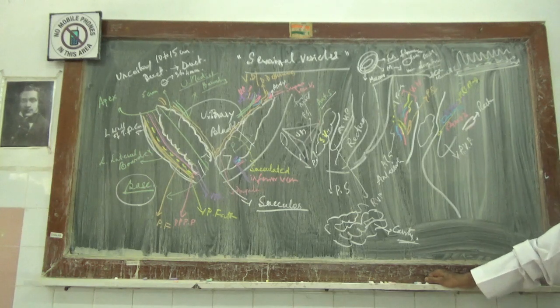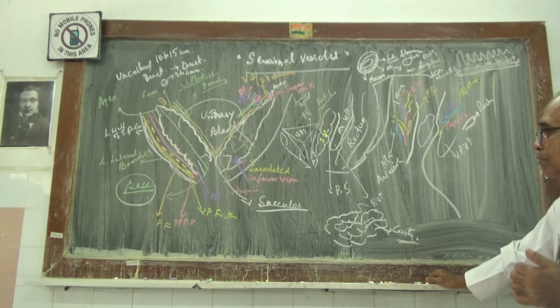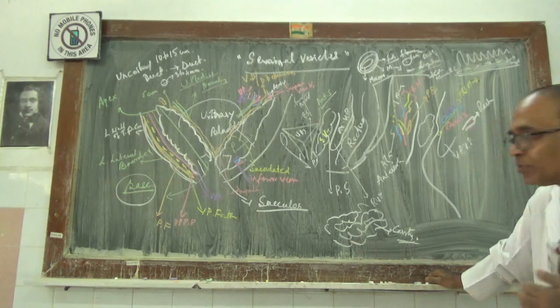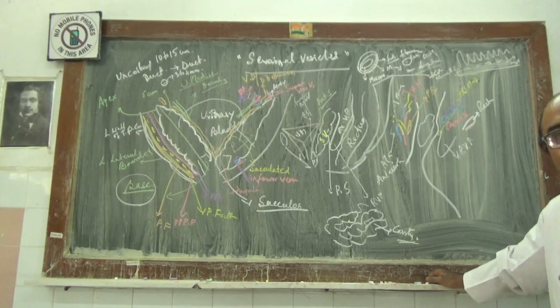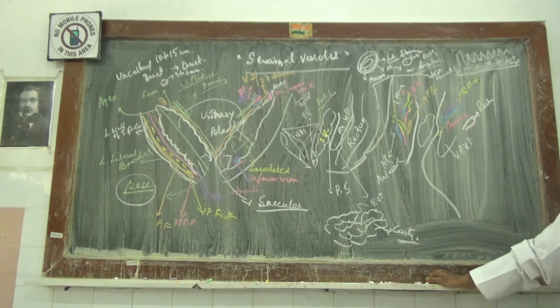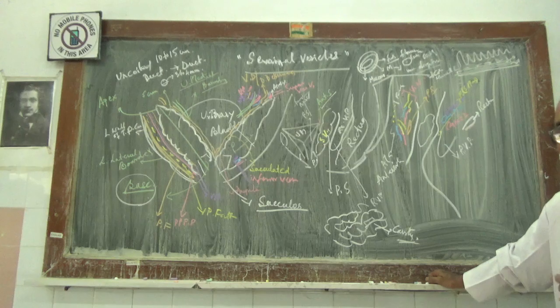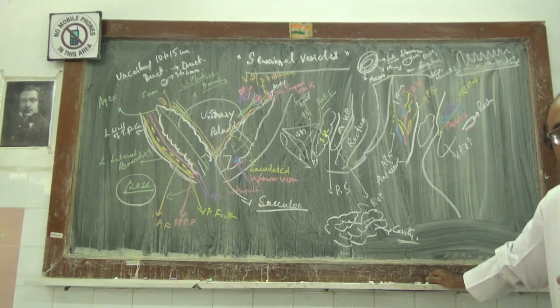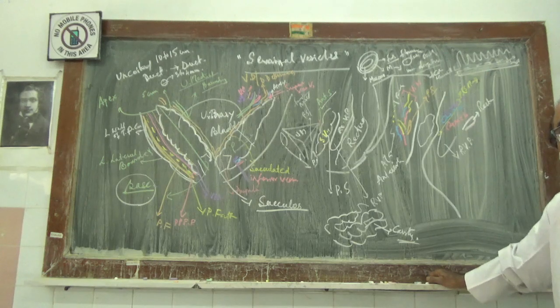Then comes the applied anatomy. Sometimes you will have cancer of the seminal vesicles. This cancer of the seminal vesicle may be secondary, with the primary being somewhere else, either in the prostate or in the rectum or in the urinary bladder or any neighboring organs.